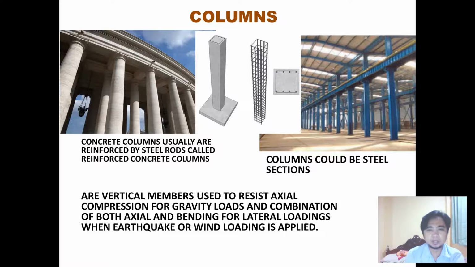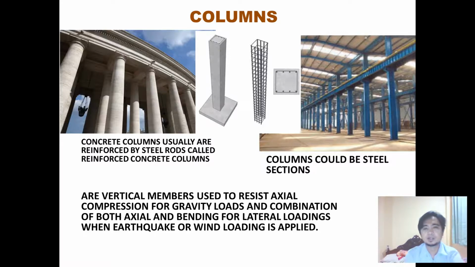Okay, so it is important that we should also always have a steel, whether your column is in the form of reinforced or pure steel. Why? Because concrete is weak in terms of carrying bending loadings.